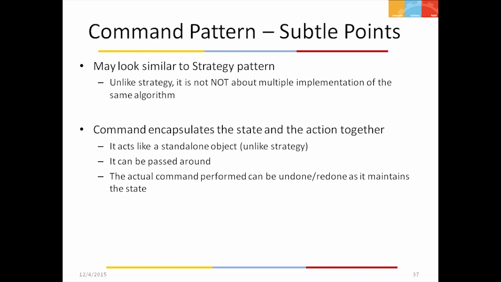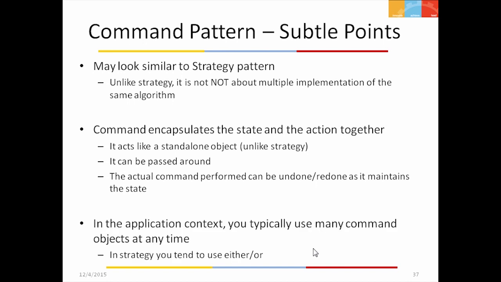In fact, redo and undo can also be maintained because the state is actually maintained here. In the context of an application, you typically use many command objects at any given point in time. However, in the strategy, you choose either-or. If you are choosing, let's say, a robot movement, you choose either aggressive movement, normal movement, or defensive movement. You don't choose all of them together. However, in the context of command, you choose buy, sell, all of them together, because it is not either-or.